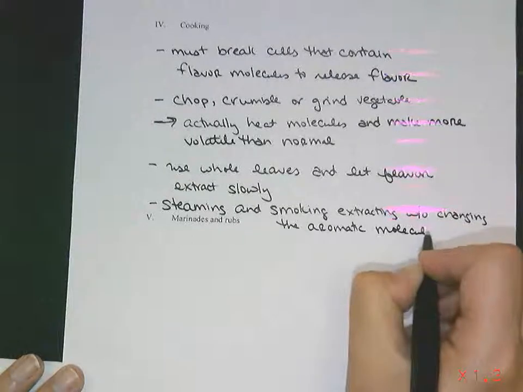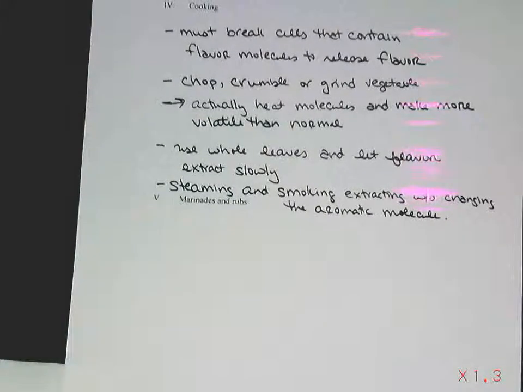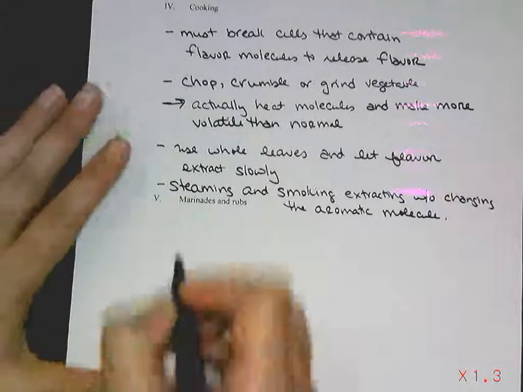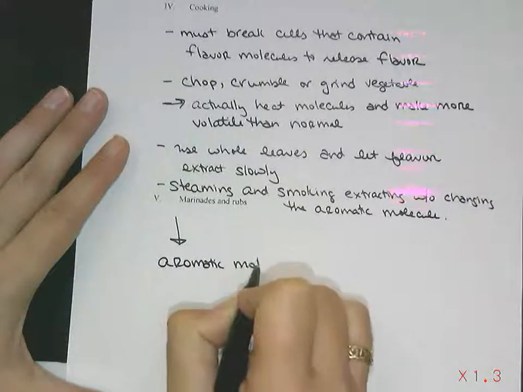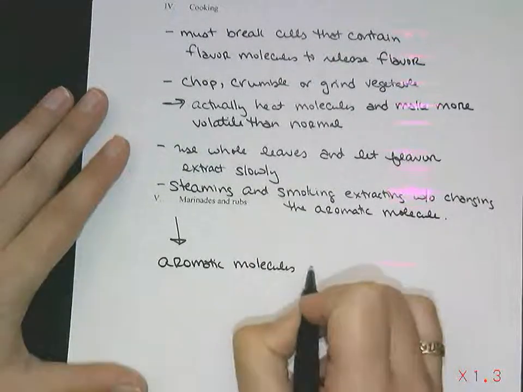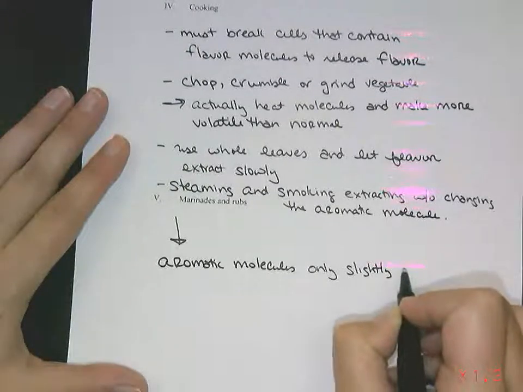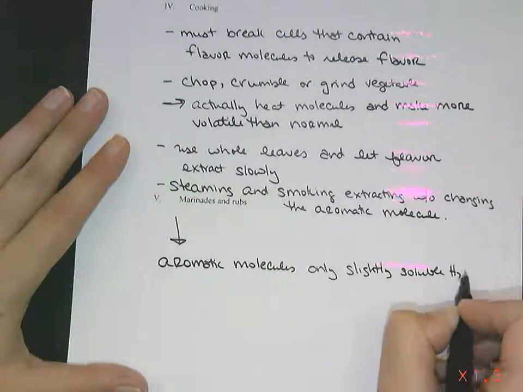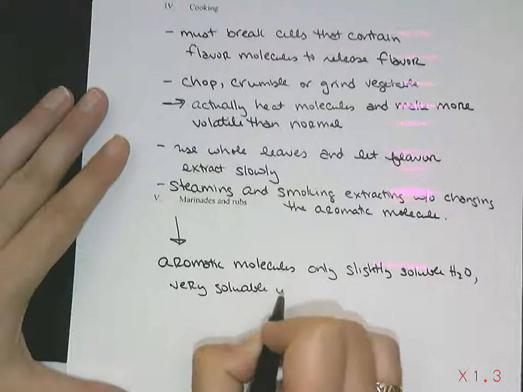All right, last thing in this chapter is going to be marinades and rubs. And this relates back to our meat chapter that we did last, that marinades and rubs are used on meats. Our aromatic molecules are only slightly soluble in water, but very soluble in fat, in oil.